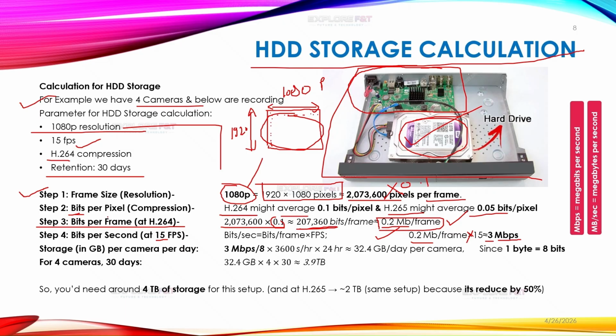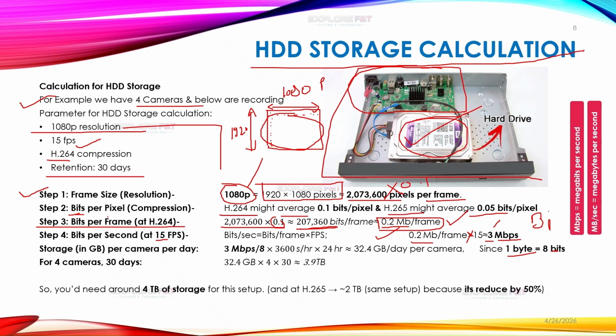This is the bit rate per second. So this is in bits. You have to remember there is bit and there is byte. Next, this is in Mbps, megabits per second. Now we have to change it into GB, how many GB per camera per day.